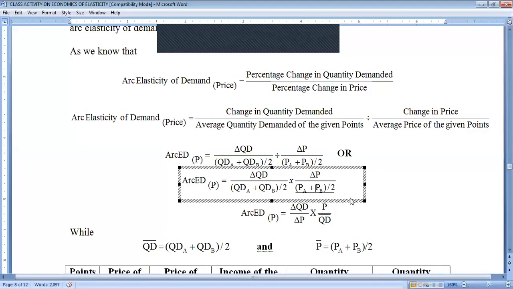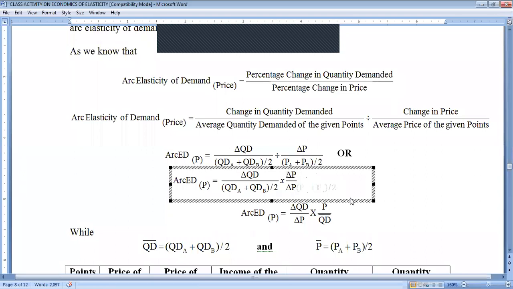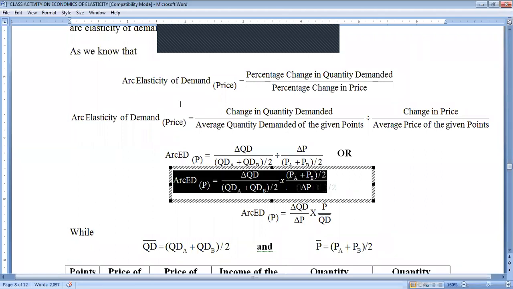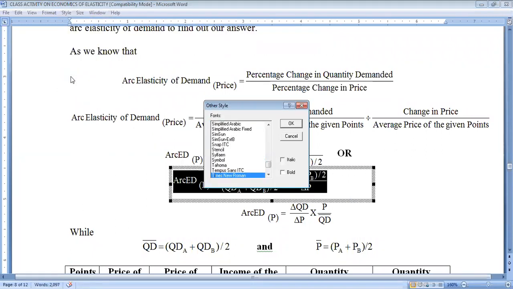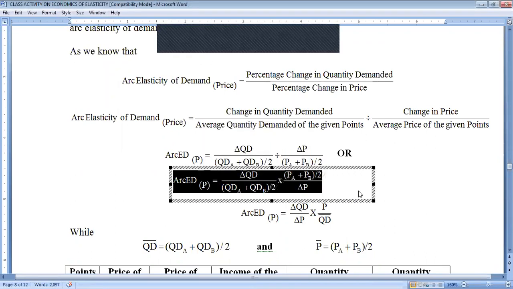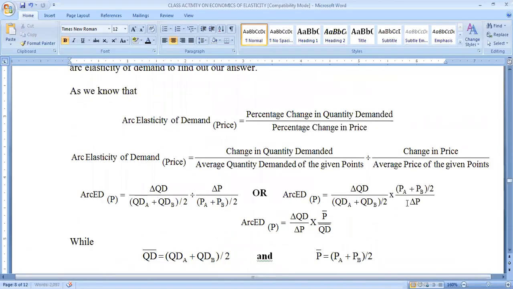And when the division sign is replaced with the sign of multiplication, the denominator becomes numerator and numerator becomes denominator in the right hand fraction, the fraction which is upon the right hand side of the equation. Okay, so the formula becomes delta QD over this information.